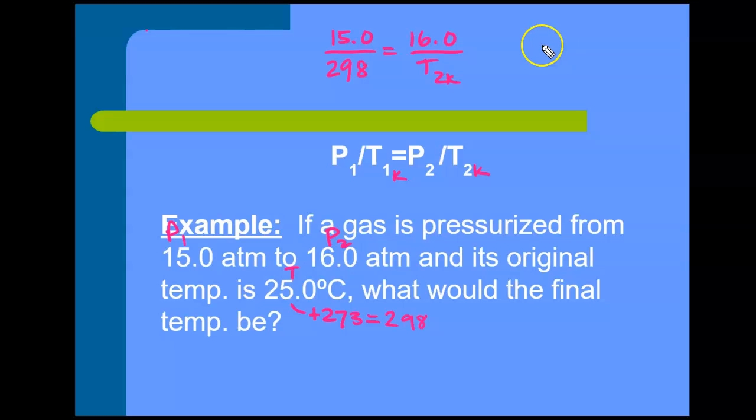So in solving, I'll end up cross multiplying. So I'm going to have 15.0 T2 is equal to 298 times 16, 4,768. And then to solve, I'm going to divide by 15 on either side.